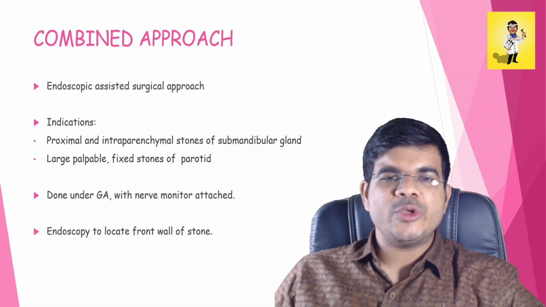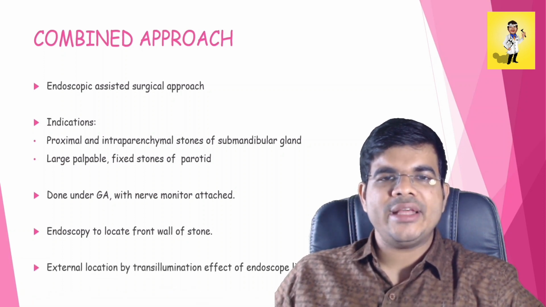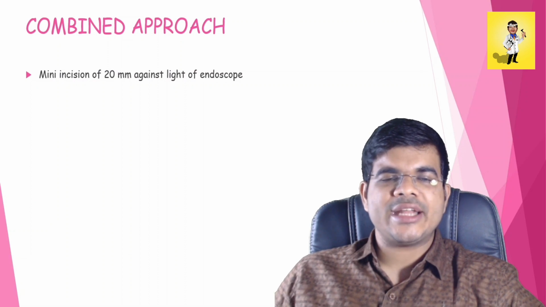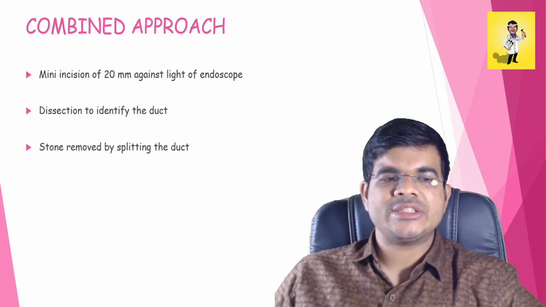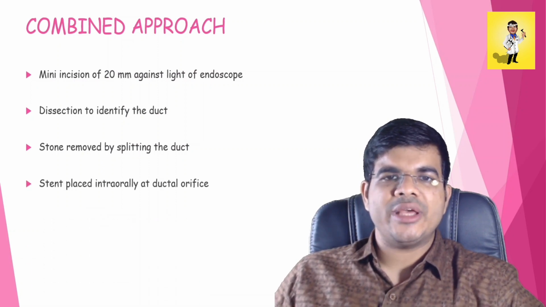Then you use the transillumination effect of the stone to find the external location. After finding the external location, you make a mini incision of about 20 mm, and after that you dissect and find the duct. And after identification of the duct, the stone is removed by splitting the duct, and then a stent is placed intraorally at the ductal orifice.